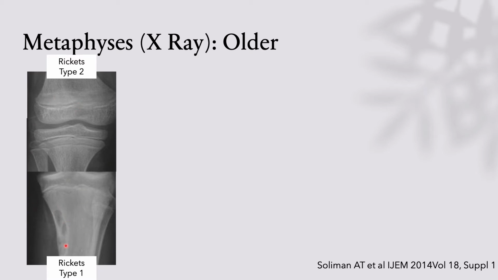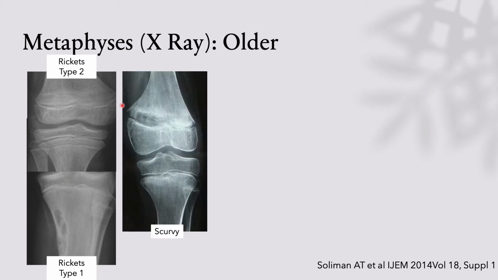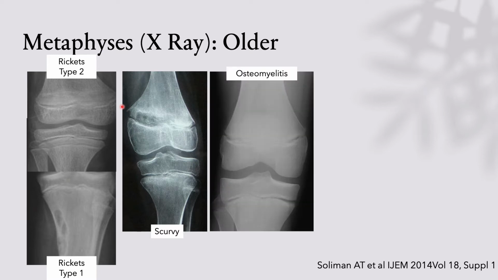One is subcortical cystic changes, and two is metaphyseal lucent areas, which we can see in older individuals with severe vitamin D deficiency. When we see metaphyseal bone resorption along with periosteal elevation and periosteal reaction, one can see scurvy, and we occasionally come across these cases.